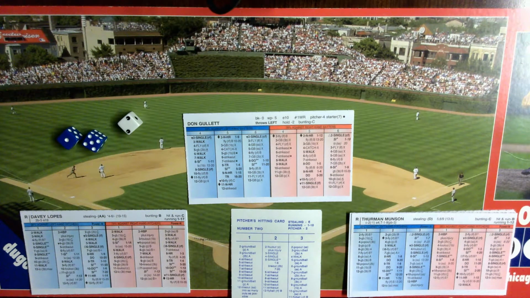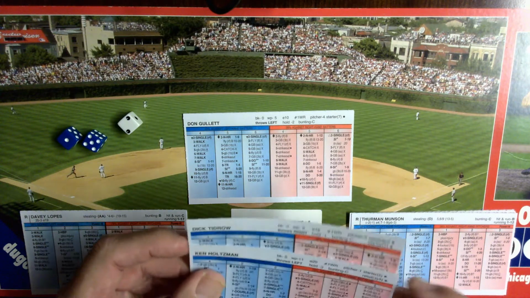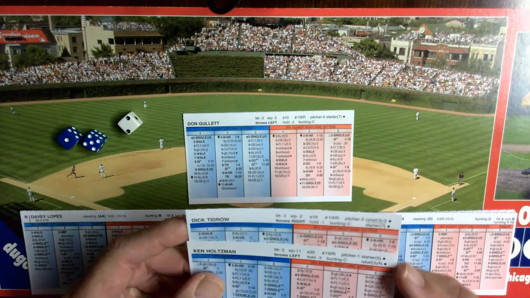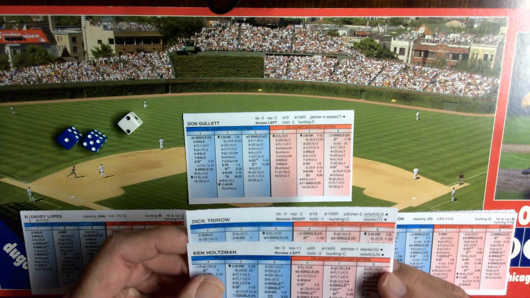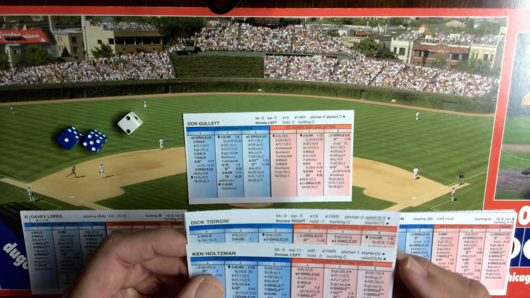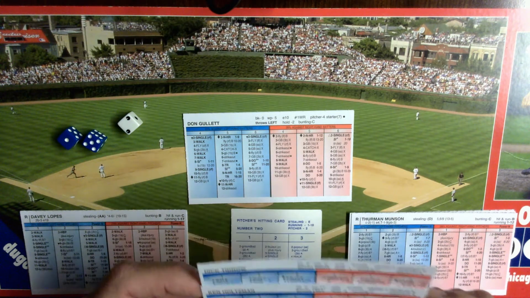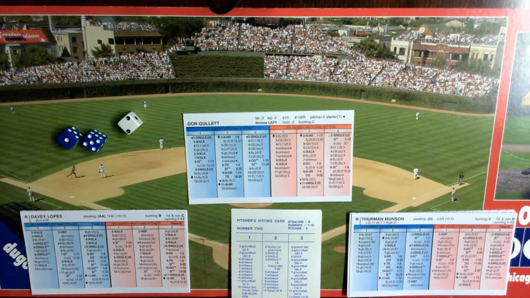And then in the Yankees bullpen, Dick Tidrow, the right-handed hurler, and Ken Holtzman, the lefty, are going to get up and start warming up as well. So usually when I play, my bullpen home rules are a couple of batters to get them warmed up before they can come into the game. So I'm going to get those guys going in the bullpen, and we'll see how the 6th inning progresses.